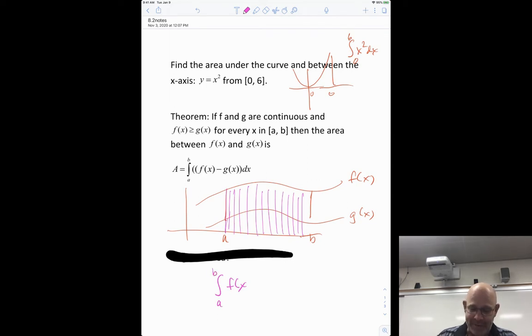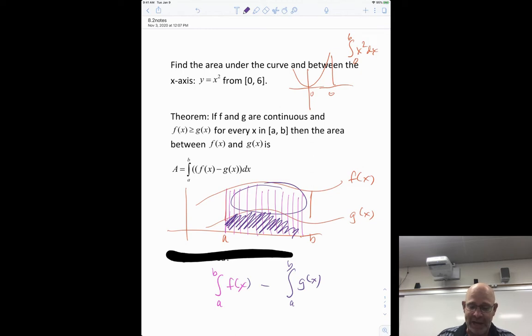So then if I change colors here and shade this, that's the integral of g of x from a to b. If I subtract those two, I'm going to get the area I want, right? So that's kind of the way to look at it in terms of how we do it.